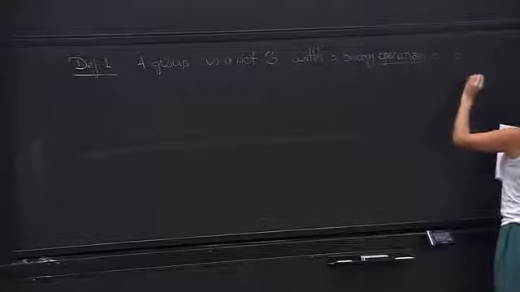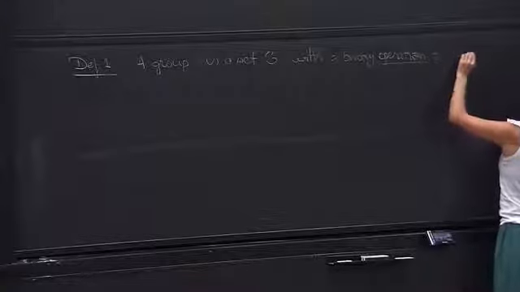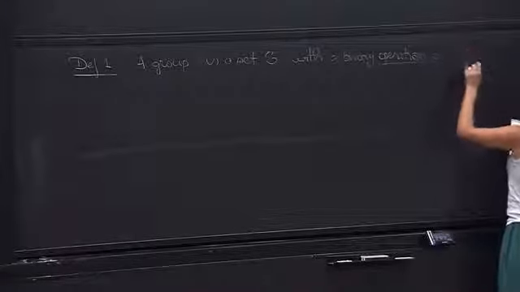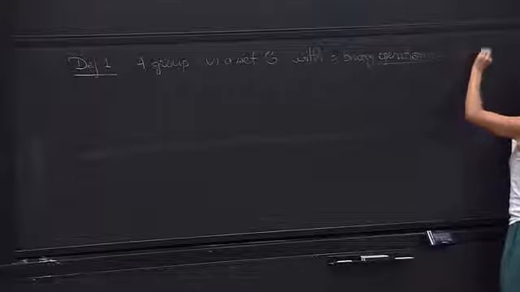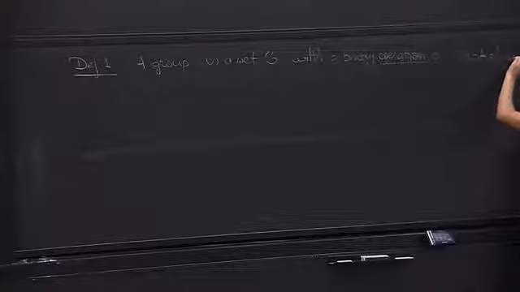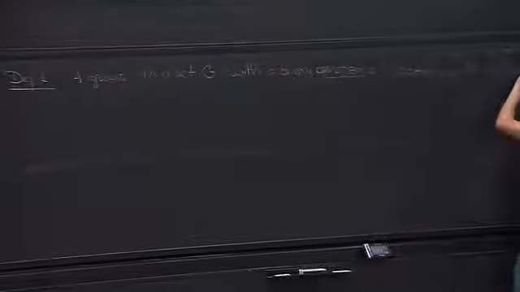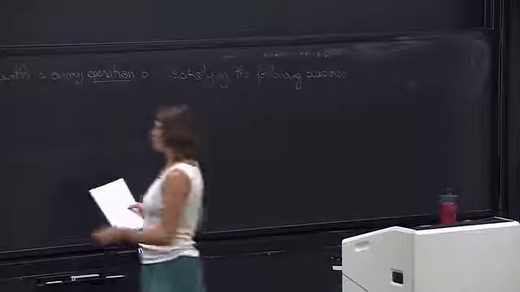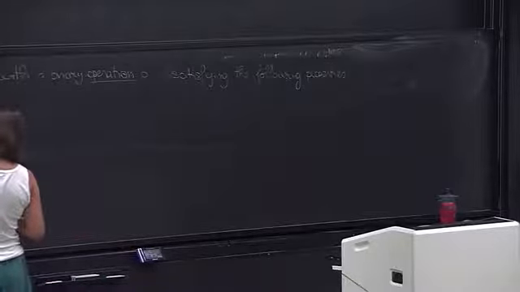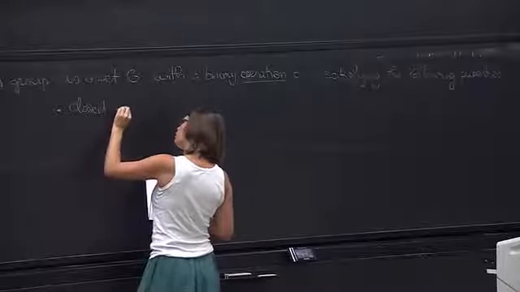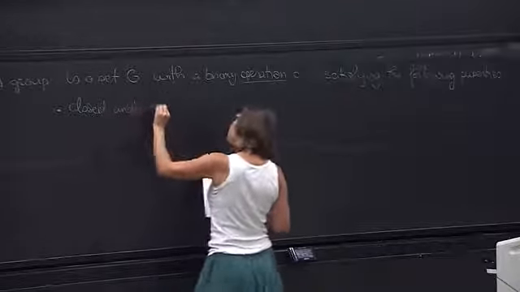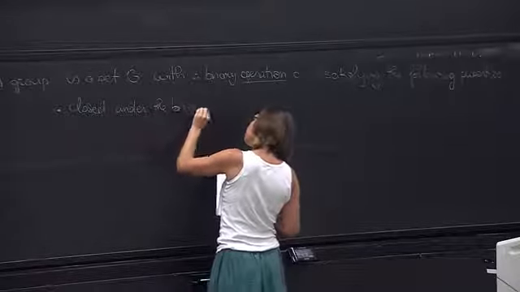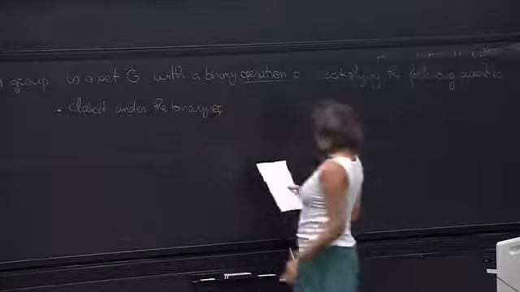And which satisfies the following properties. So what do we have? The group is closed under the binary operation. Is that clear to everyone?